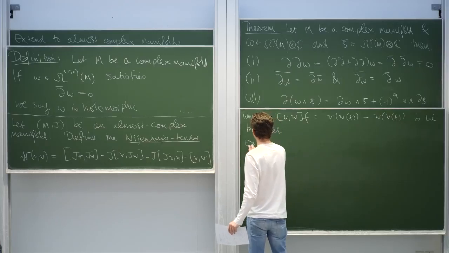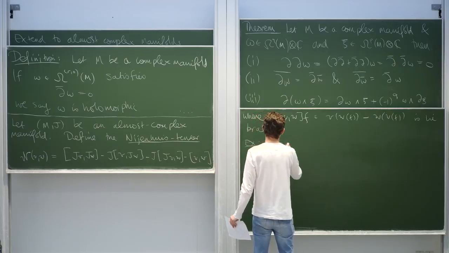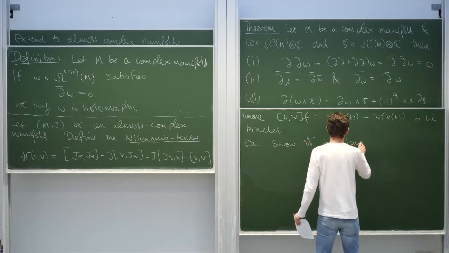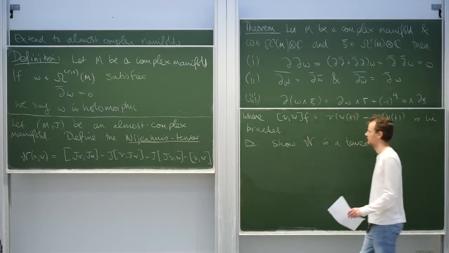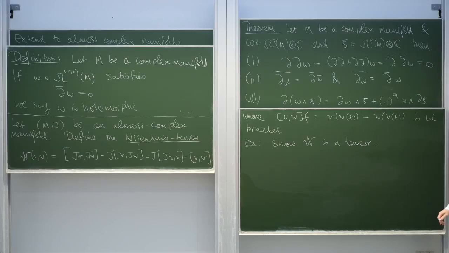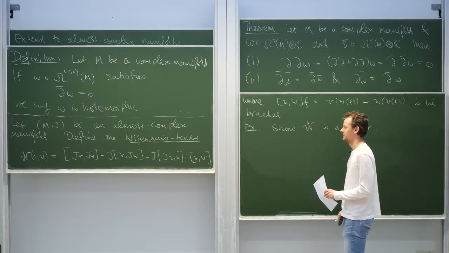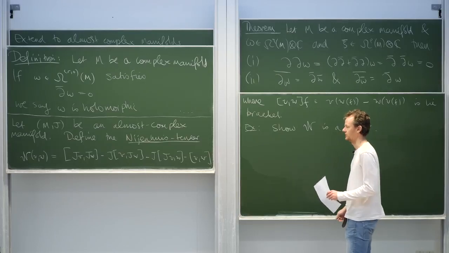So the exercise here is: show that N is a tensor, meaning a multilinear function on TM ⊗ TM ⊗ TM*.